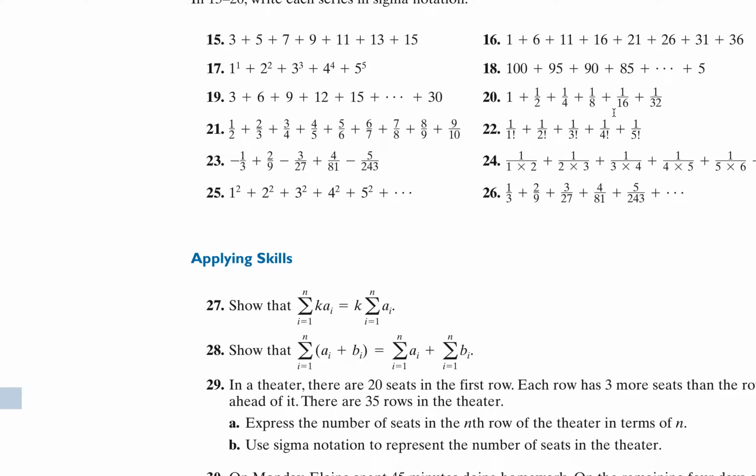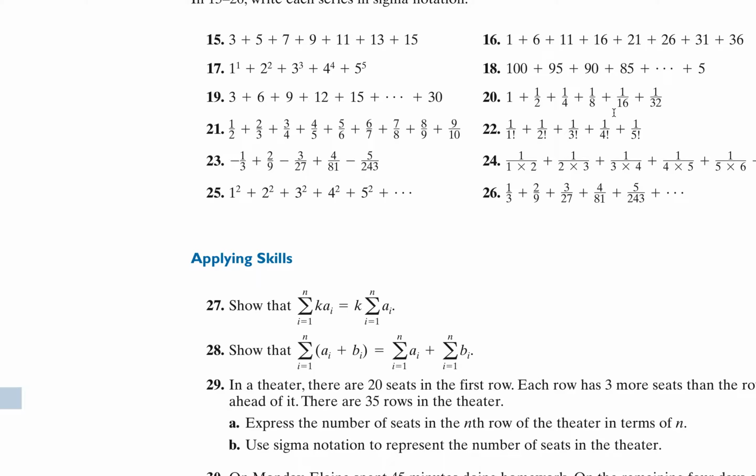And our formula is 1 over 3 to the k power, with the powers in the denominator. But what about the numerator? The numerator is not always 1, it's just k.